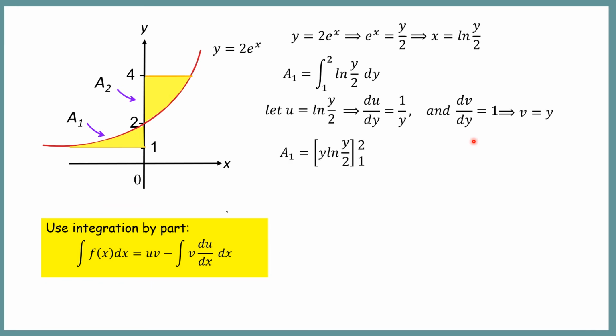Substitute into the formula: u times v, y ln(y/2), minus the integral of v times du/dy. So we have, substitute the upper limits, 2 ln(2/2), which is 1, minus ln(1/2), minus the integral of 1 from y equals 1 to y equals 2.